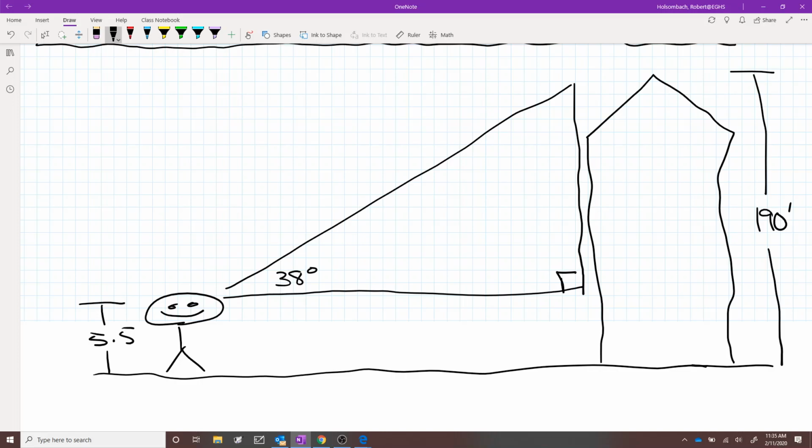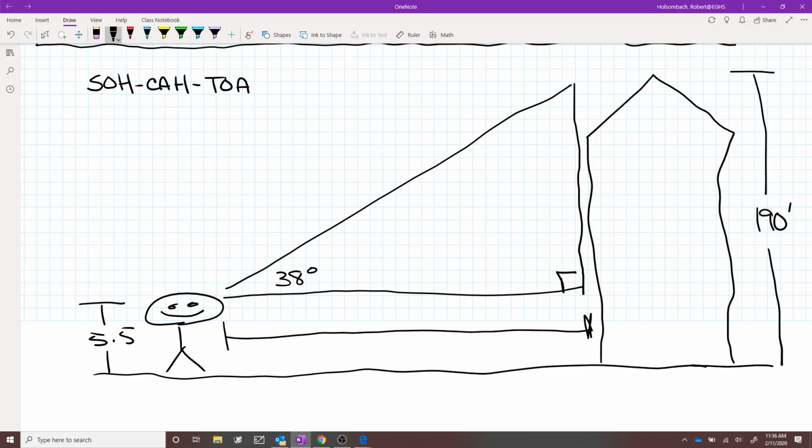With the given information, we can use sine, cosine, or tangent to find out this distance right here. We need to know how far she is from the castle. In relation to this angle of elevation, how far she is from the castle is the adjacent side.